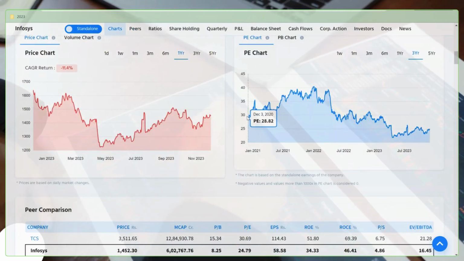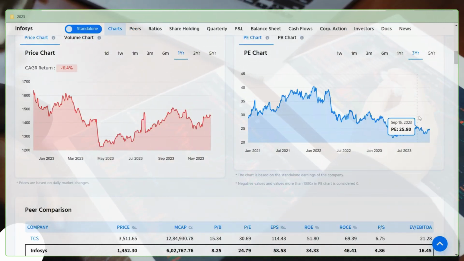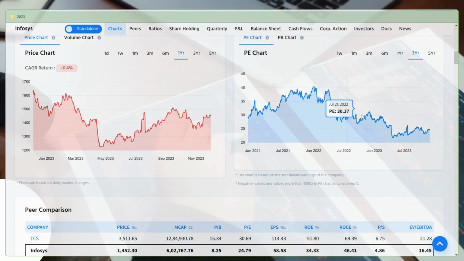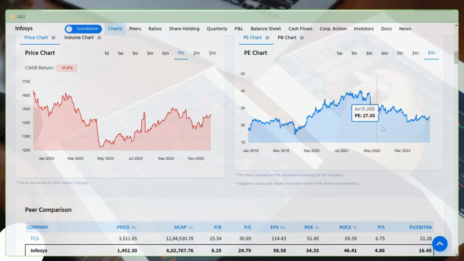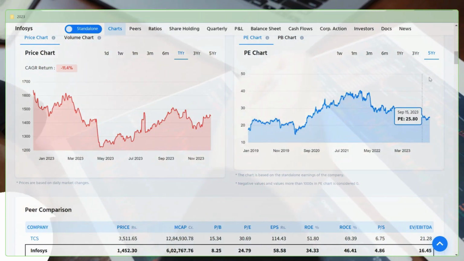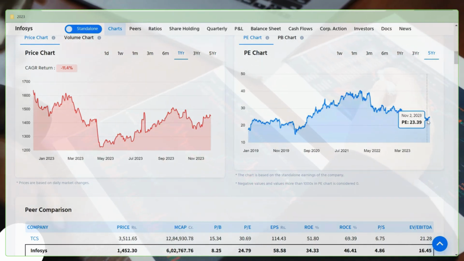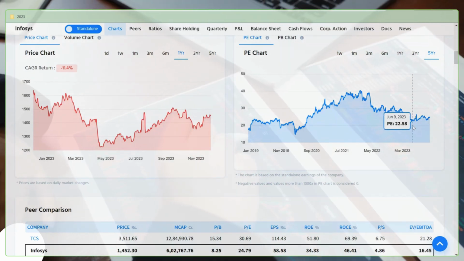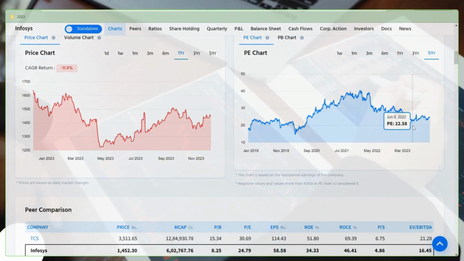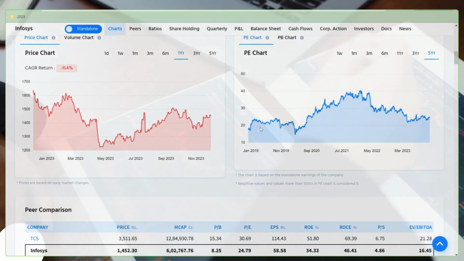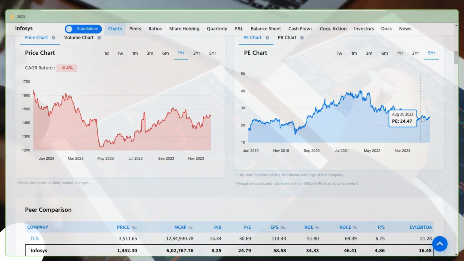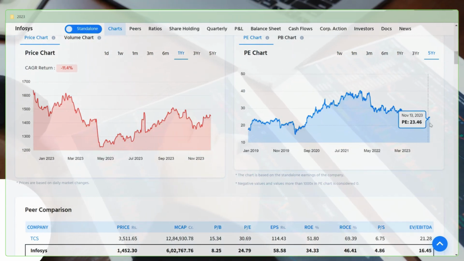But it is below its average PE, it has gone up to 40. Over mostly 5 years, it is a little up from its average. If you see 5 years, it is around 23. So if you get a little cheaper price, around 1300 or something, you should consider buying Infosys. Around 20 PE you can buy Infosys, below 20 or around 20. Even this price is considered okay to buy.